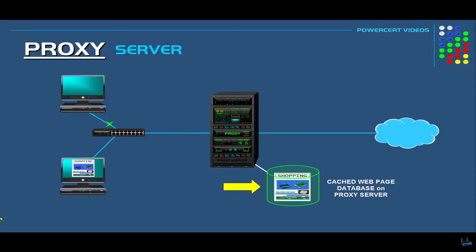It can simply retrieve it from its database and then send it to the user. So this makes web page retrieval much faster. And another benefit of this is that it saves bandwidth because a proxy server reduces the need to go out on the internet to retrieve data because it already has that data stored in its database.